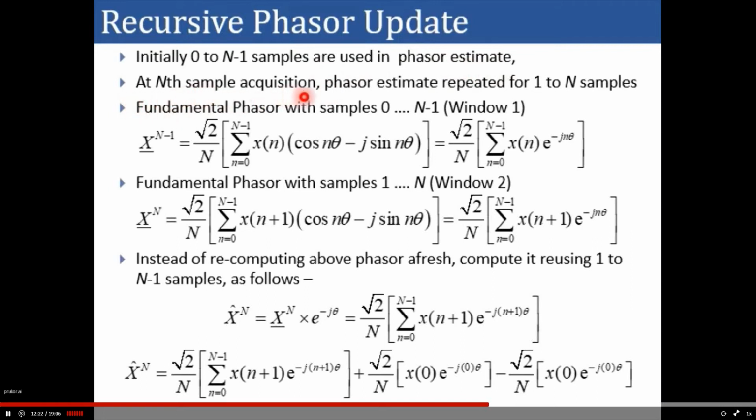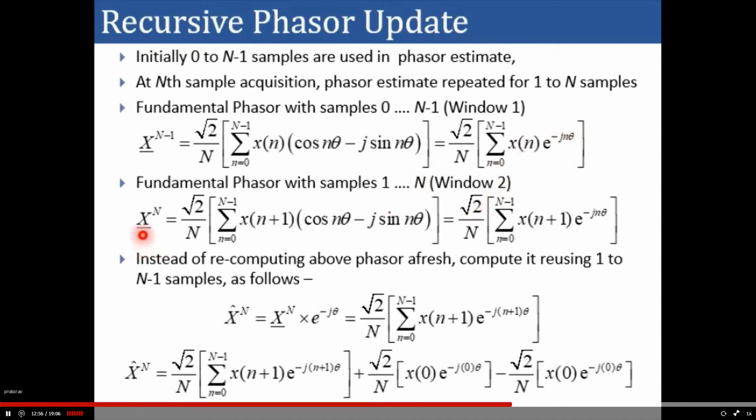At the Nth sample acquisition, the phasor estimate is repeated from sample n equal to 1 to capital N. Now the fundamental phasor for samples 0 to capital N minus 1, that is window 1, we can write as root 2 by N, sigma n equal to 0 to capital N minus 1, x_n e to the power minus j n theta. So that is in the Euler form. Now for window 2, what can we write?